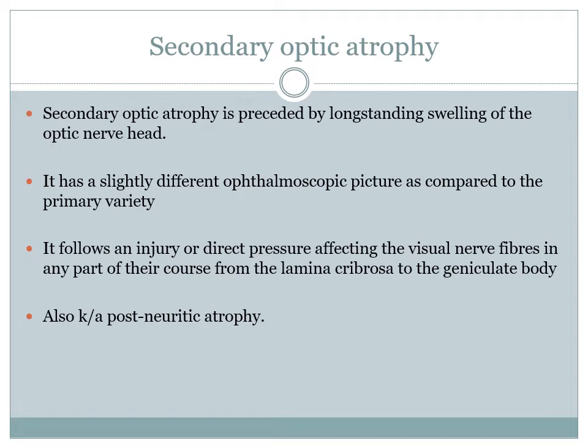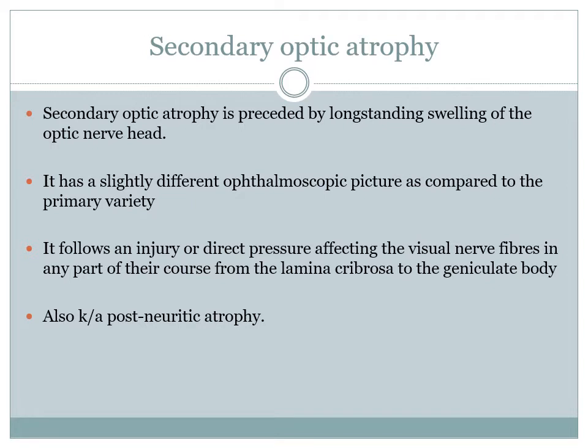This secondary optic atrophy is preceded by long-standing swelling of the optic nerve head. There is already swelling of the nerve head, papilledema or papillitis, long-standing. So first there will be swelling of the nerve head, and that subsequently will lead to optic atrophy. That is why it is called secondary optic atrophy.